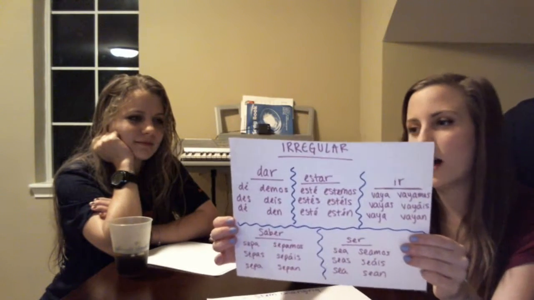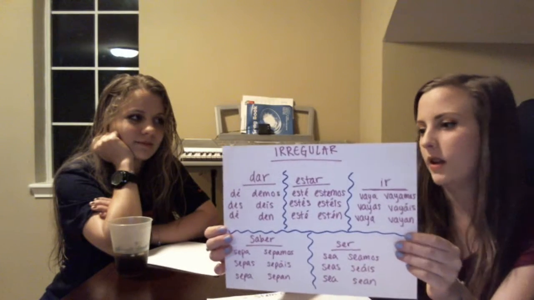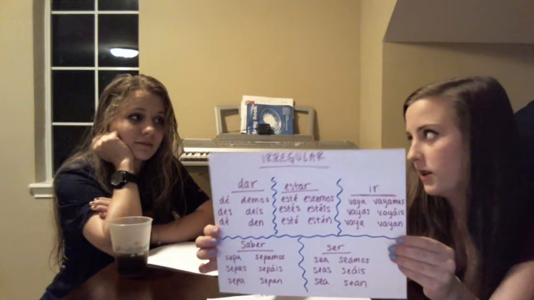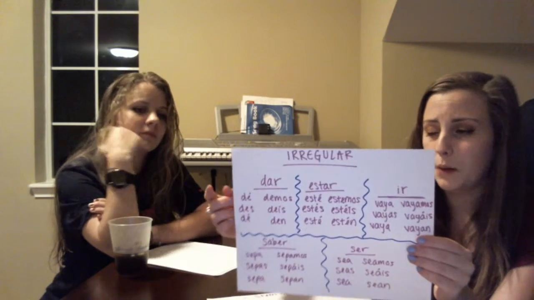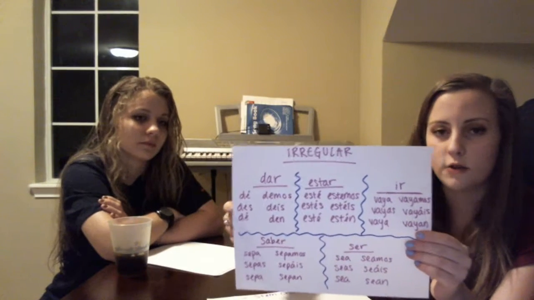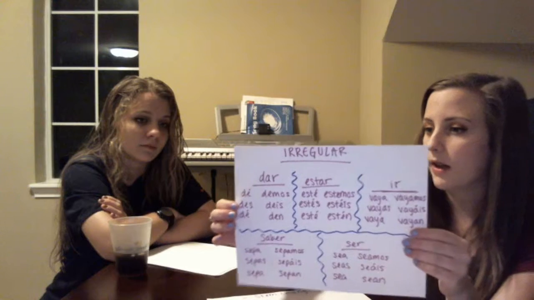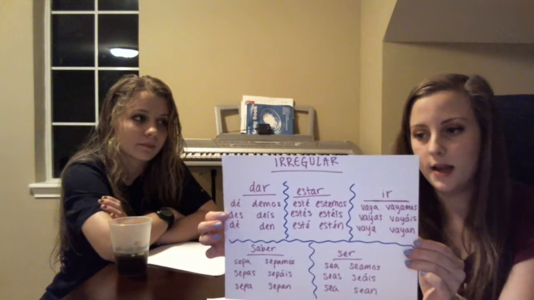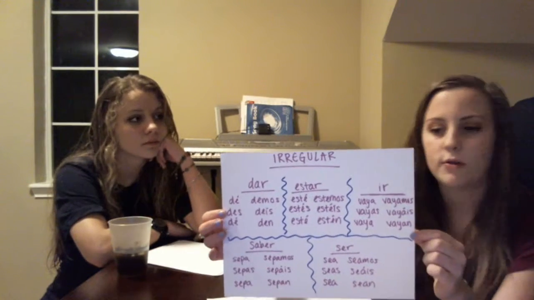And there's quite a lot of irregular verbs in the subjunctive form, but once you start speaking and hearing them, then you start to know the pattern of what sounds right and what is an irregular verb. But here's just a few. We have dar, which is dé, des, dé, demos, deis, den, and then estar, esté, estés, esté, estemos, estéis, estén, and then ir, which is the vayamos one.